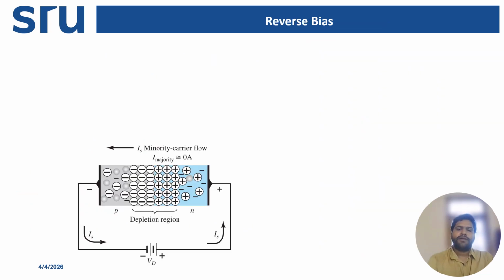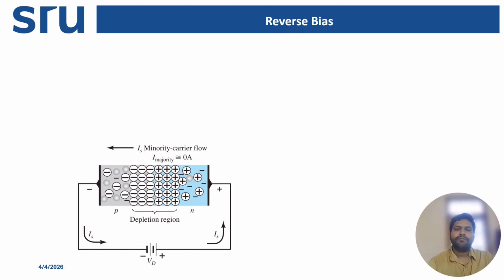Next is reverse bias. In reverse bias conditions, the positive terminal of the battery is connected to the n-type side and the negative terminal of the battery is connected to the p-type semiconductor side. So what happens when the external voltage supports the built-in electric field of the junction?